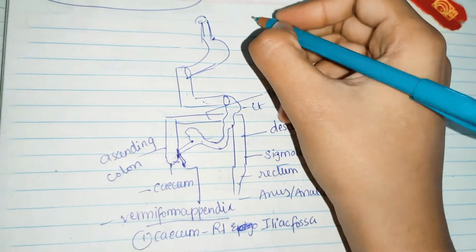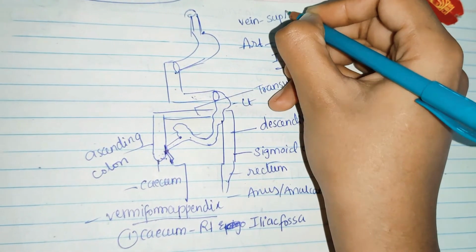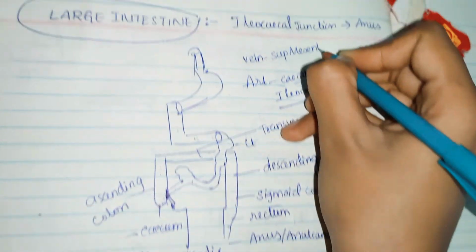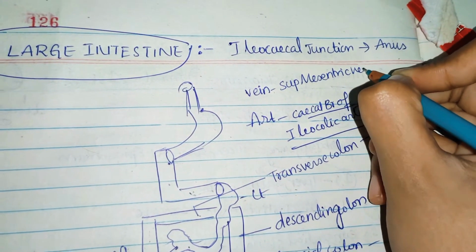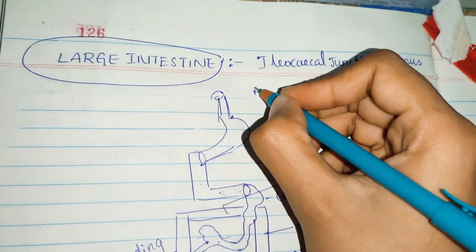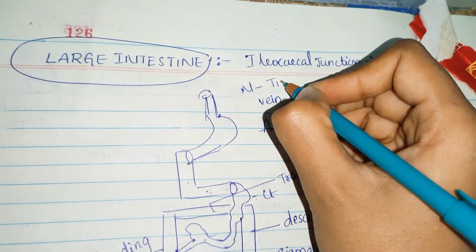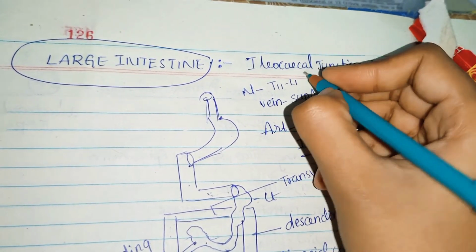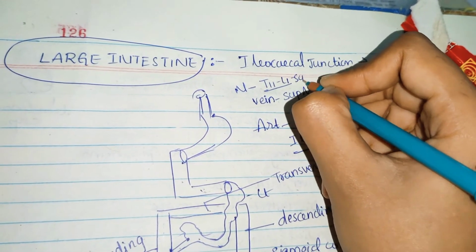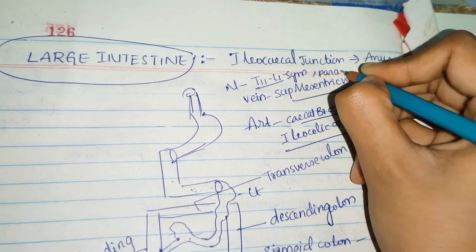And coming to veins, where will it drain? It will drain into the superior mesenteric vein. And next, coming to the nerve supply. The nerve supply to the cecum is from T11 to L1, and this is sympathetic, right? Parasympathetic is through the vagus.